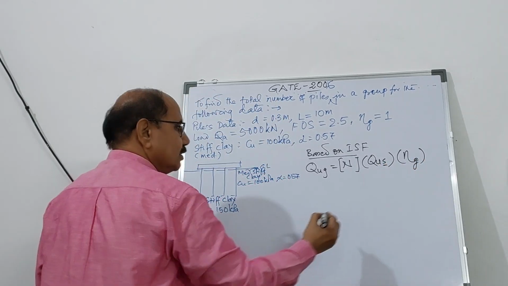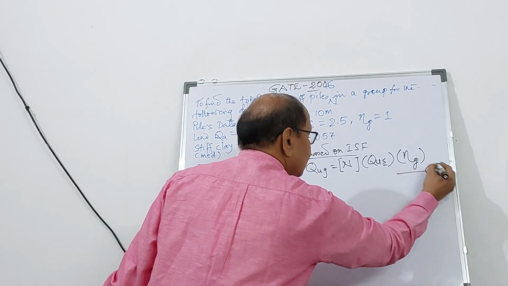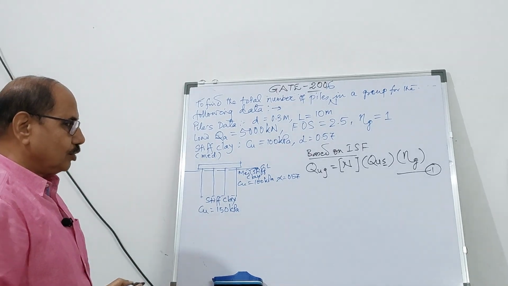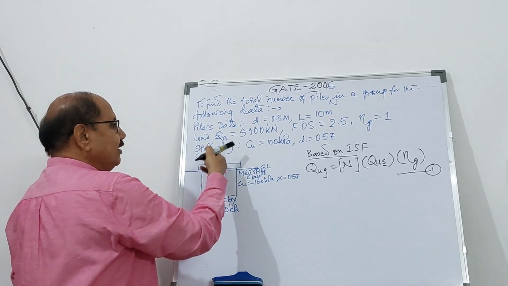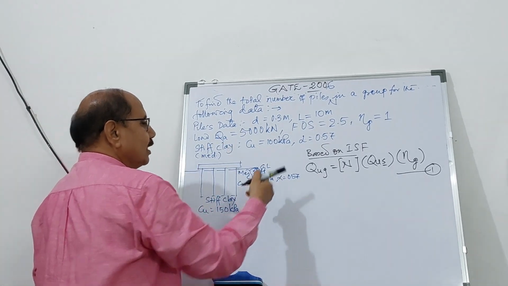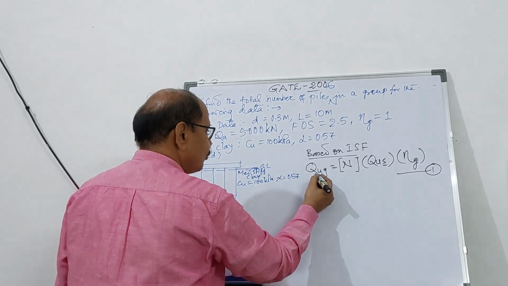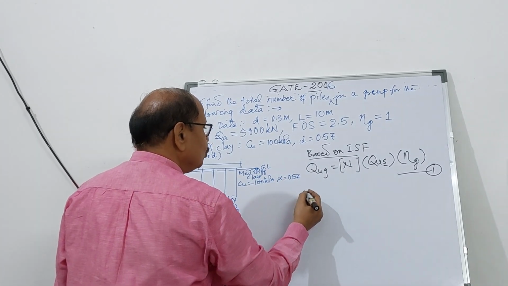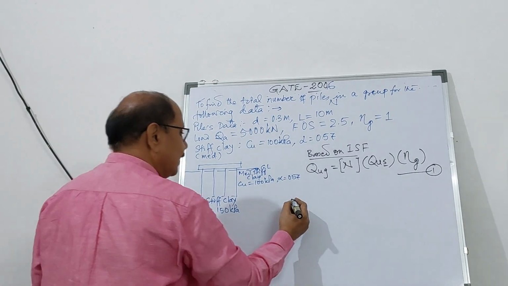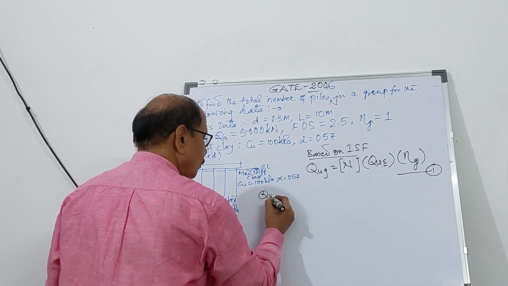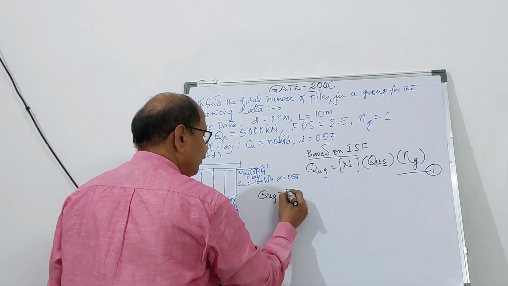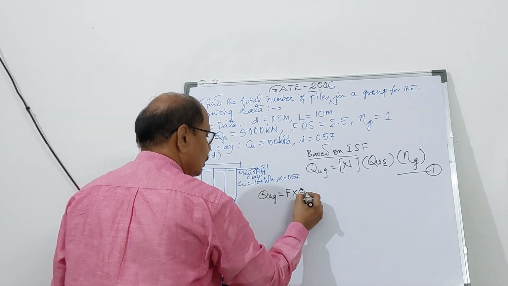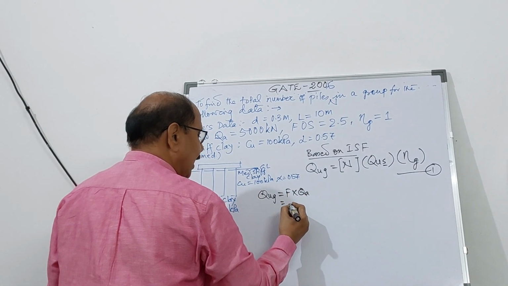This is the expression to be used. Now you have been given the allowable load and the factor of safety. Therefore, the value of QUG will be the factor of safety multiplied by the allowable applied load.